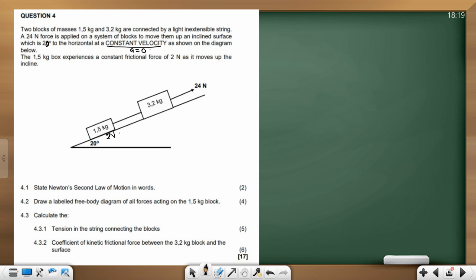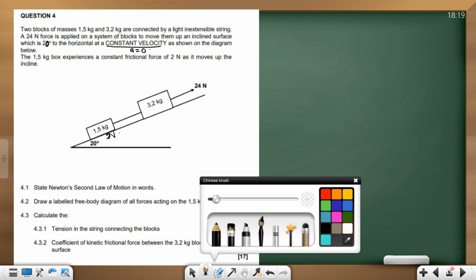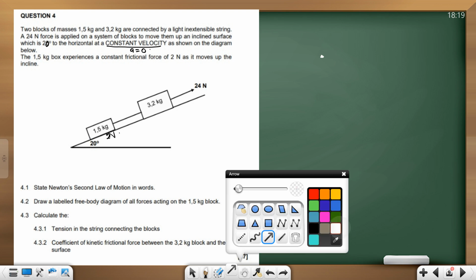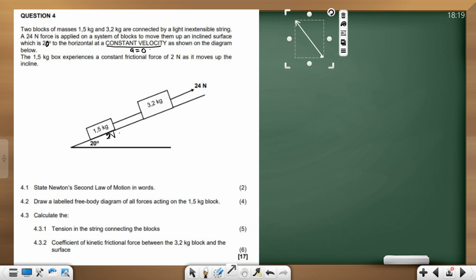Let's see. Draw labeled free body diagrams of all the forces acting on the 1,5. Do you see I've skipped 4.1 because I know now that you know what to do. So our normal force is that way. Our gravity is this way. The 1,5 is being pulled up by tension.